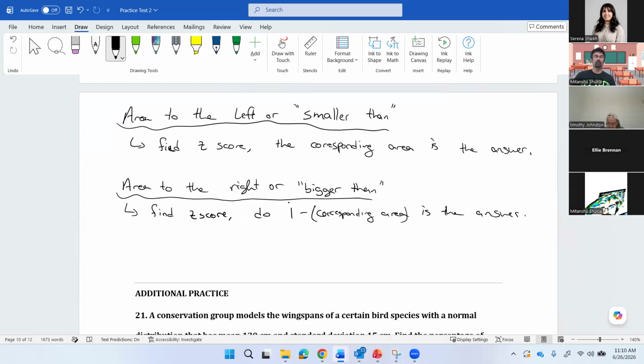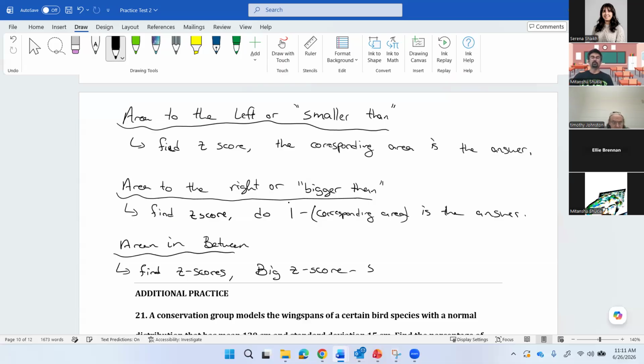When they want area in between, we want to find both z-scores, and we want to do big z-score minus small z-score.